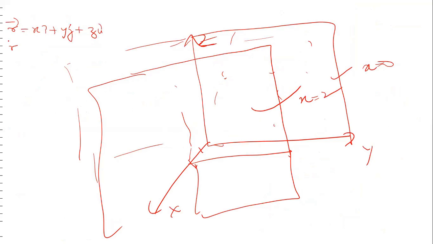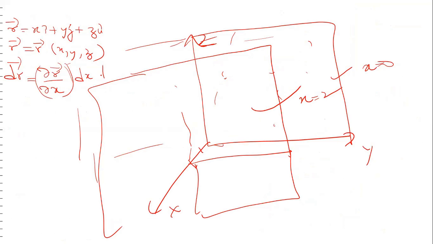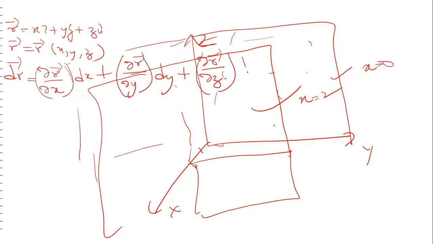So you can see that r is a function of x, y, and z. You can consider any change in r, dr, as we discussed before in the case of scalar functions, as the derivative of r with respect to one of the coordinate variables into dx, plus dr vector upon dy into dy, plus dr vector upon dz into dz.